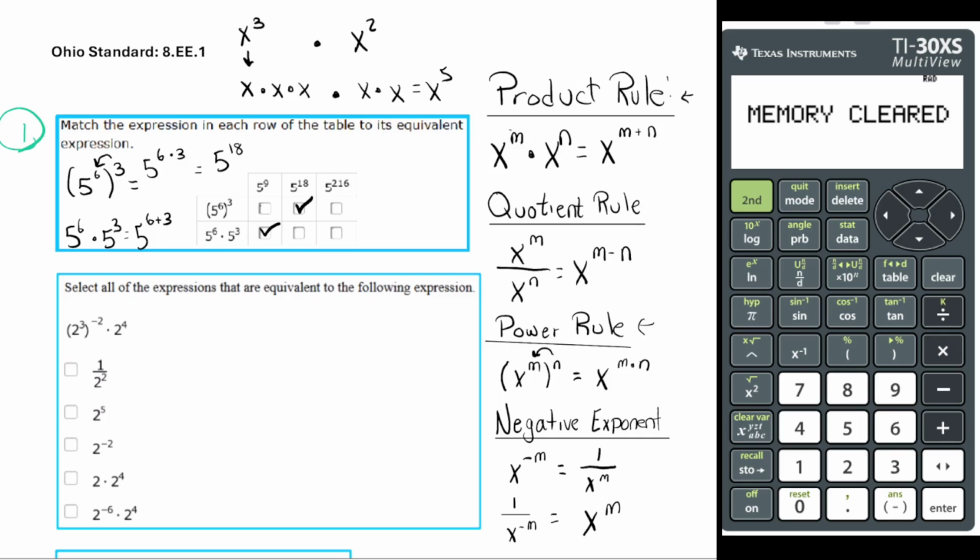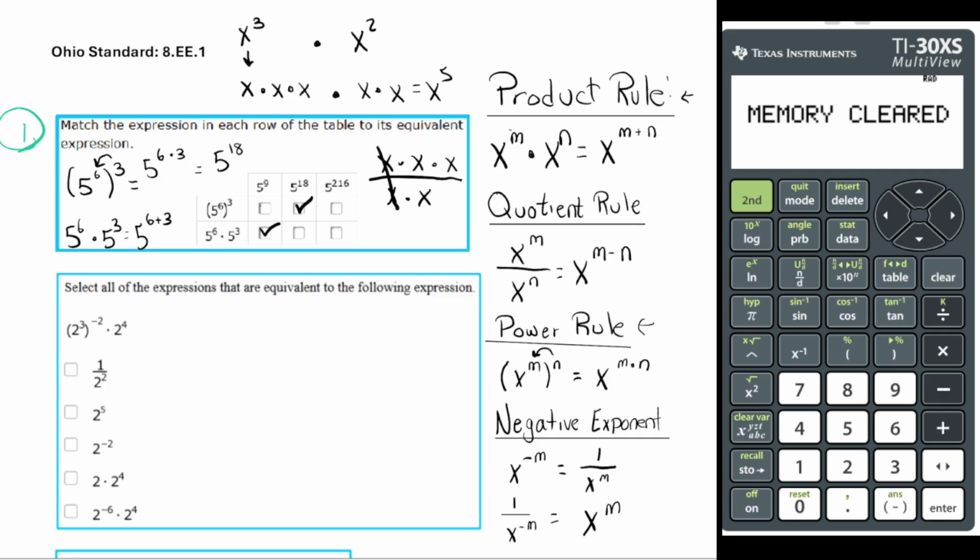Okay? When you look at quotient rule, we'll do the same thing. X to the third is x times x times x divided by x to the second, which is x times x, right? So now you can start canceling out, right? Because anything divided by itself is equal to 1.